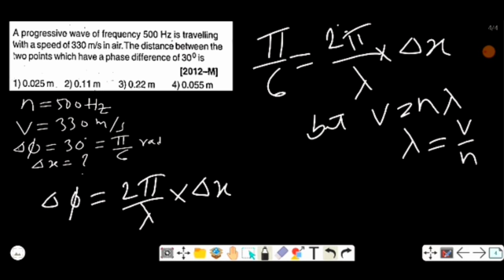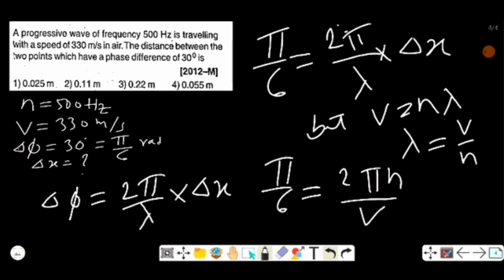Substituting lambda, pi by 6 is equal to 2 pi n by v into delta x.